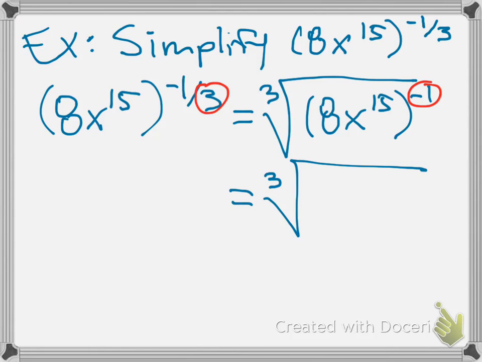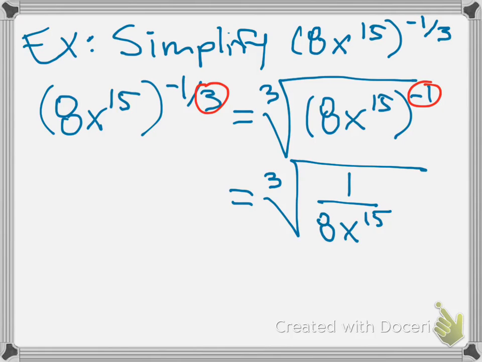So because right now 8x to the 15th is in the numerator, if I want to make that a positive exponent, I'm going to have to move it to the denominator. So it's going to become 1 over 8x to the 15th. Now I don't need to write that we are raising this to the first power because that's just understood. But if I was dealing with something other than the first power, of course I would need to express that.